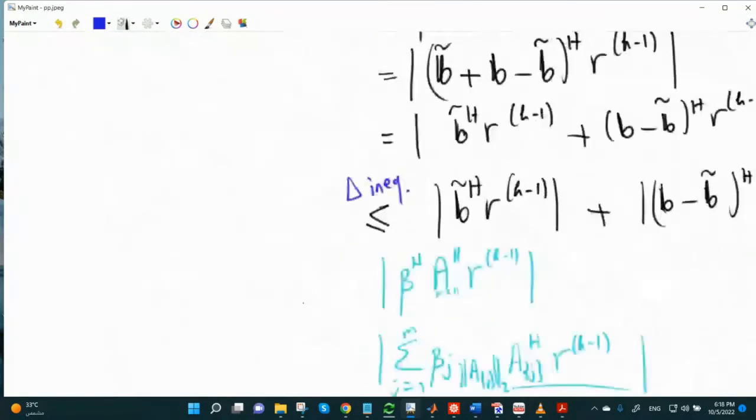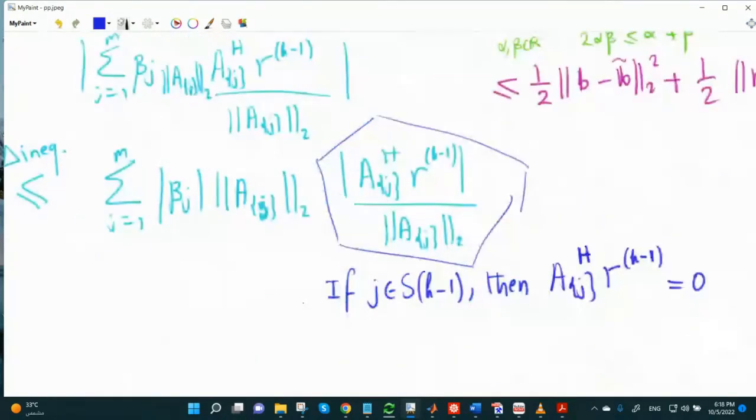So here we will use this fact. If we are talking about a column in A_{S_{k-1}}, then the column is orthogonal to r_{k-1}. So there are terms here that are 0. We can just ignore them, and we work with the other columns.